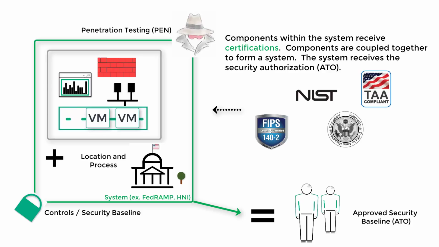For example, you would have to take into account the network, the firewall, the personnel around it, and the process used to manage it. So, again, in summary, a system is a collection of everything that provides an IT service, like email. A certification is typically on components that are found within the system.